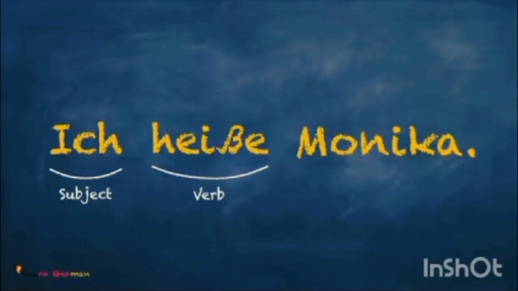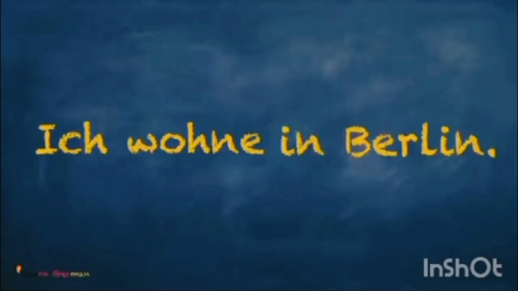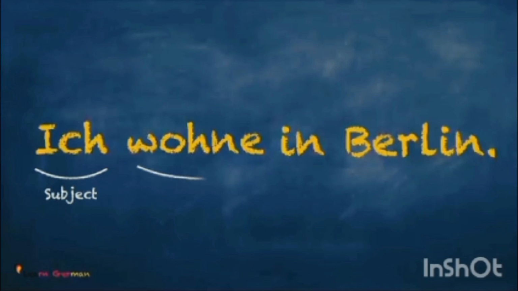The subject conjugates the verb. Let's analyze another sentence we have already done. Ich wohne in Berlin. Again, ich is the subject and wohne is the verb.